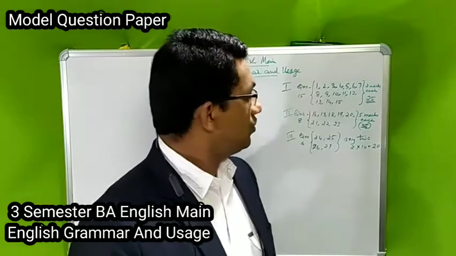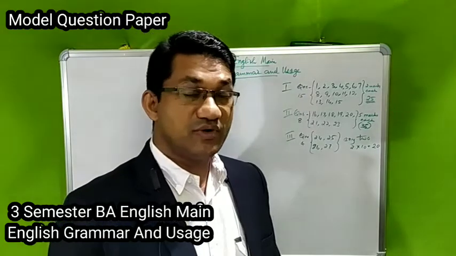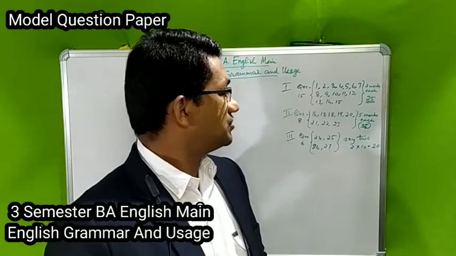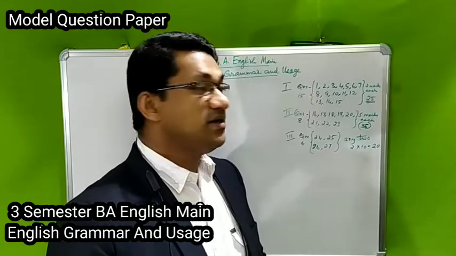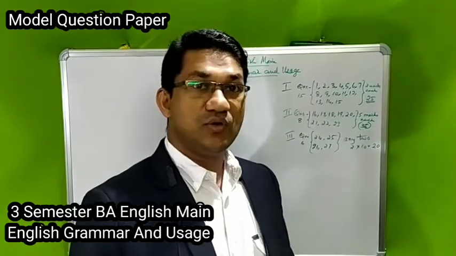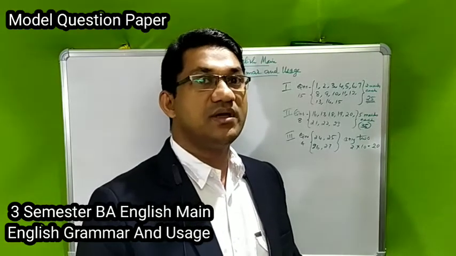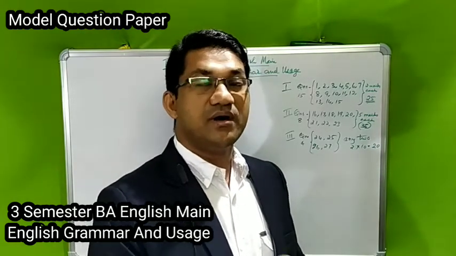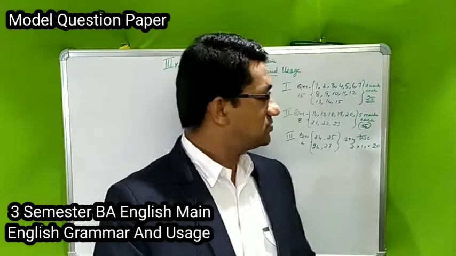In section B we have 8 questions, question numbers 16 to 23. Each question carries 5 marks, and 8 into 5 would be 40, but here the ceiling is 35.